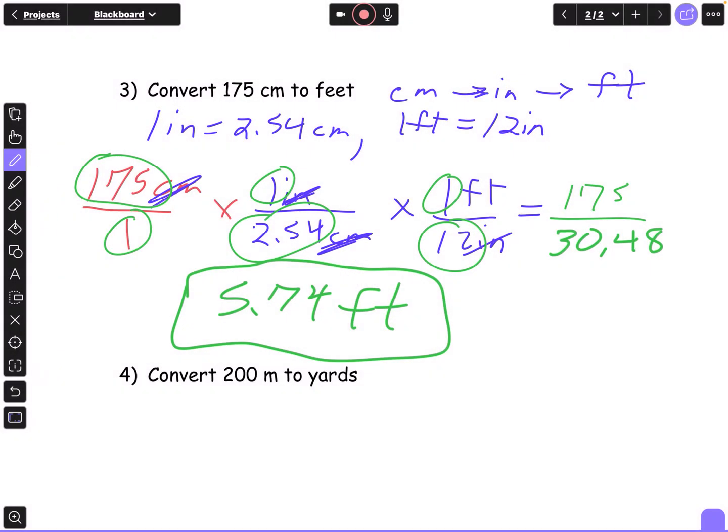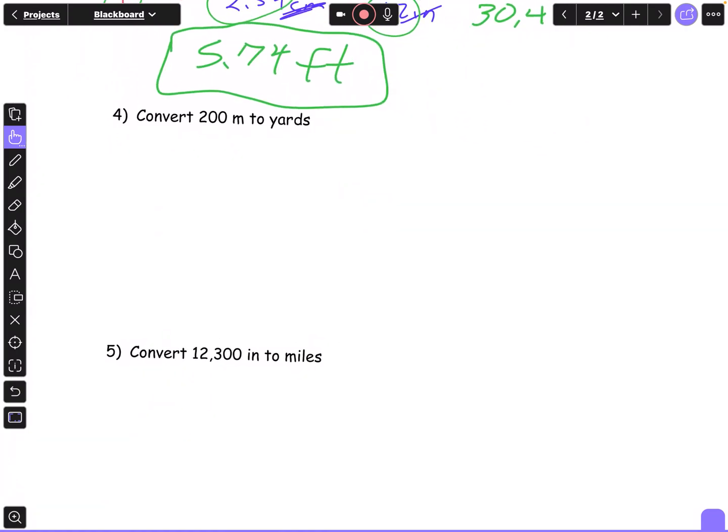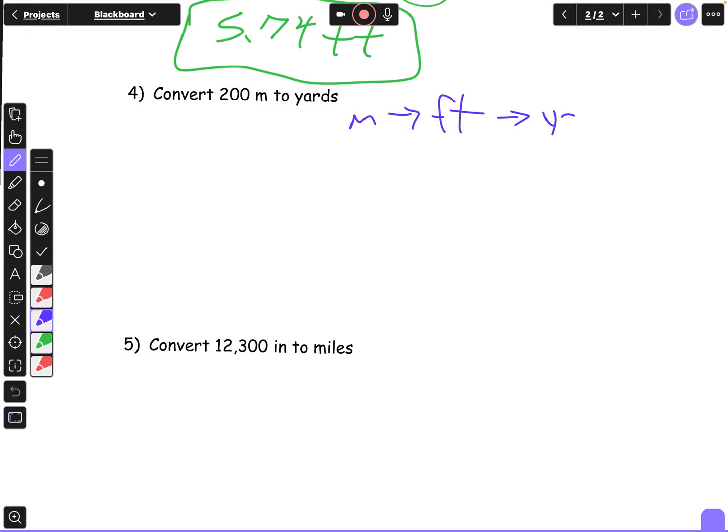Okay, so next I have convert 200 meters to yards. Now for this one, I'll have to look at my conversions and see what I can do, but I think I'm going to have to go from meters first to feet and then to yards.